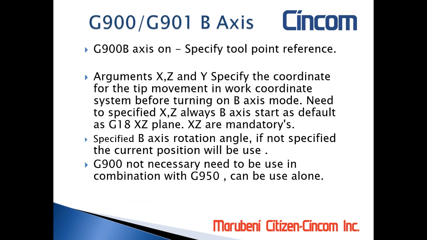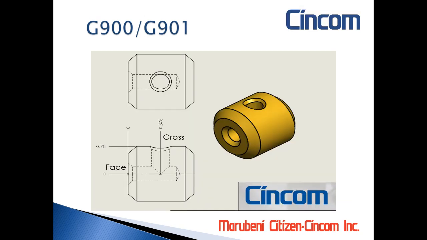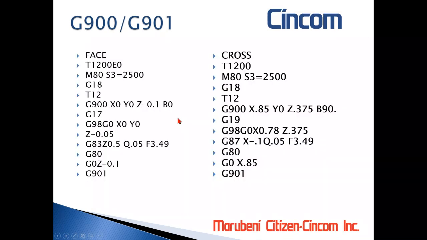So I'm going to move forward, and this is a simple part, just showing a hole as a face, a hole as a cross. And we can use G900, G901 B-axis on and off. This will be the simple code that we can do.